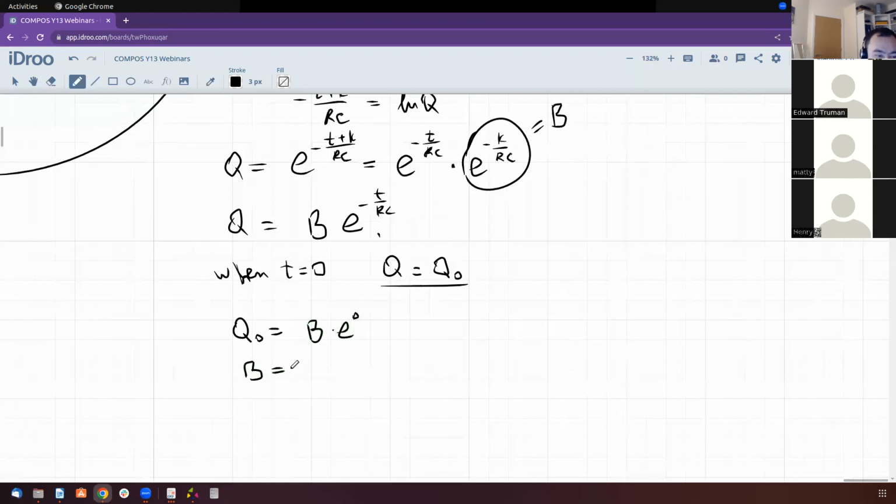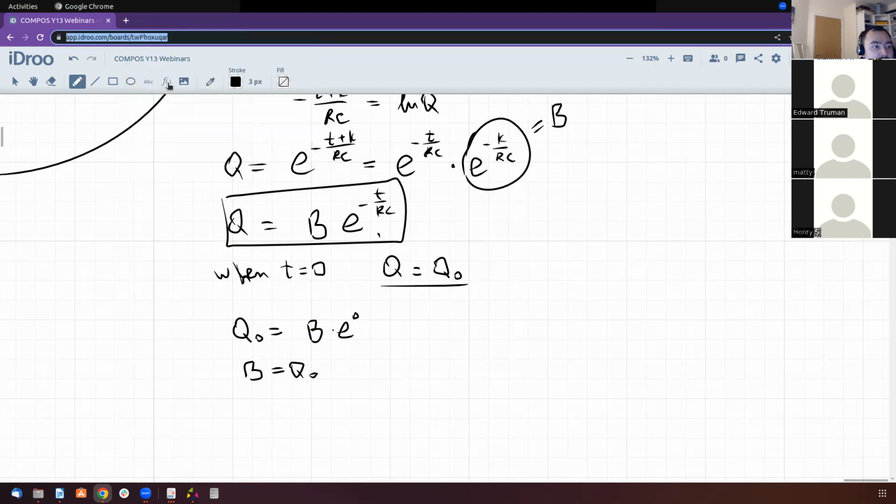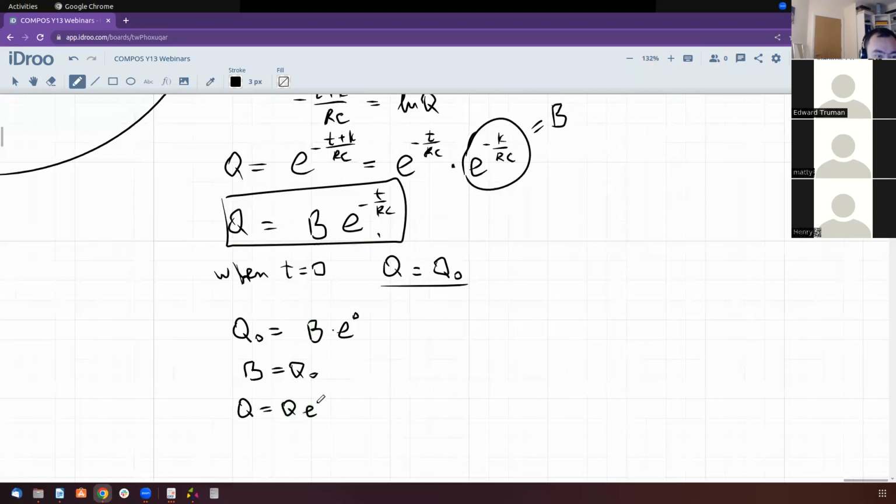So b is q0. Therefore, q is equal to q0 e to the minus t over RC. And this is the derivation of the formula.